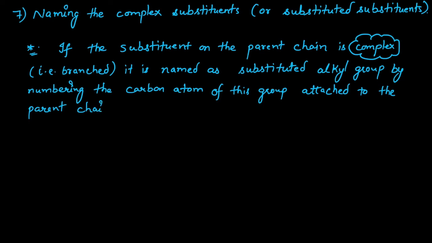Now, this is again a very important point. Whenever we number these types of complex substituents, do remember that the atom attached to the parent chain should get the first number.